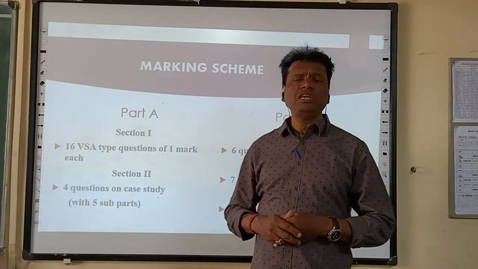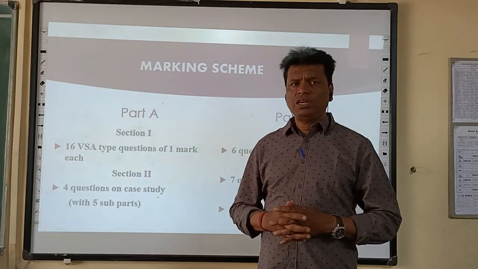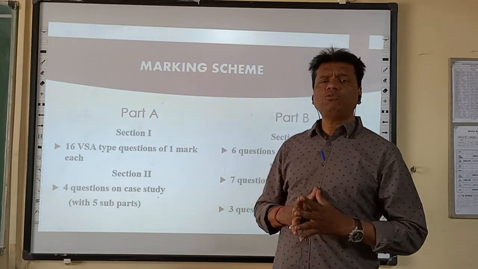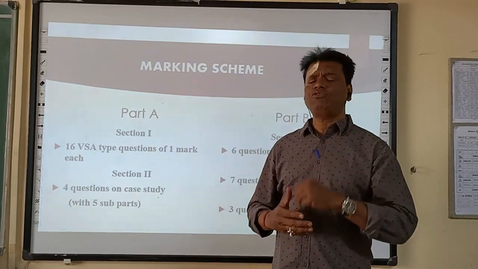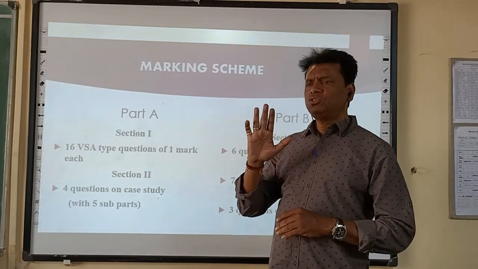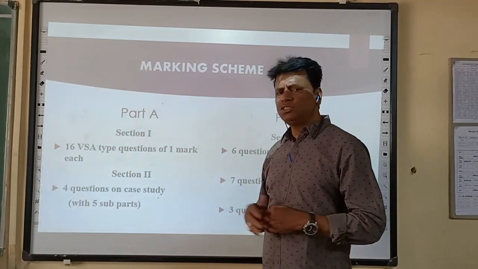Remember, all these case study questions will be multiple choice questions, right? Where 5 questions will be asked, out of which you have to attempt 4. So there will be one choice in these 4 case study questions.